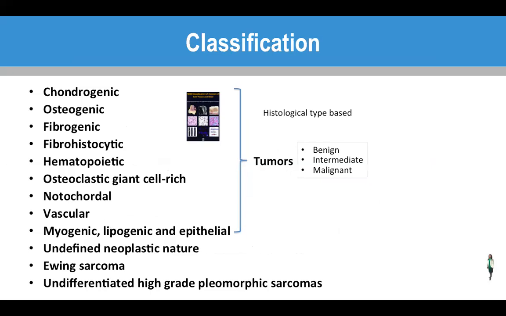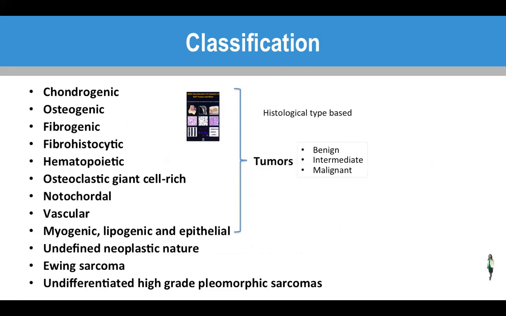Bone tumors are arbitrarily divided into 12 groups by their histiogenetic lineage by the 2013 WHO. Being familiar with all the components is very important. For example, if you go to a restaurant to order food, but this is a brand new restaurant, you really don't know what is what.